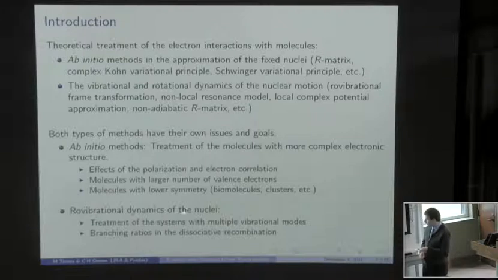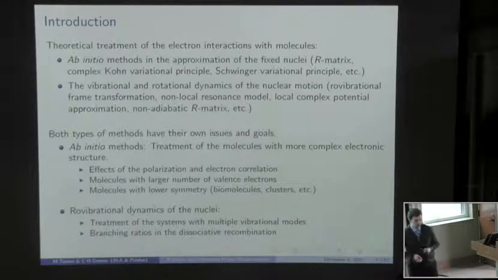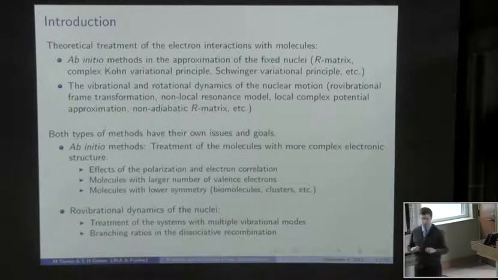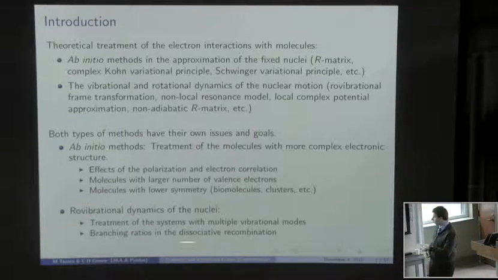And the vibrational dynamics of the nuclei, these methods aim to treat systems with multiple vibrational modes that are essential even in rather simple systems, as we could hear yesterday. And there are still some quantities that cannot be routinely calculated, like the branching ratios in the dissociative recombination.